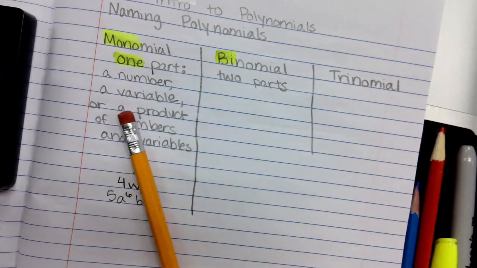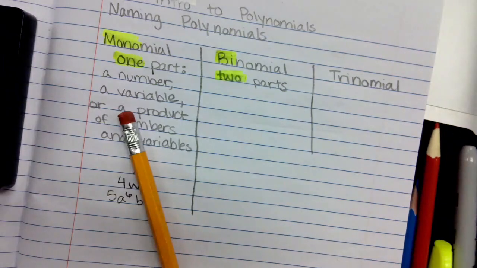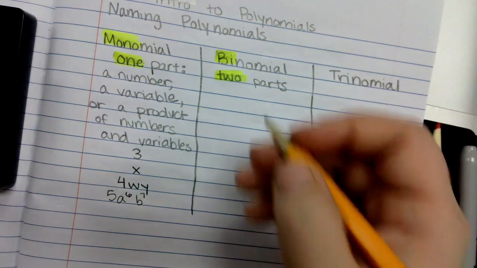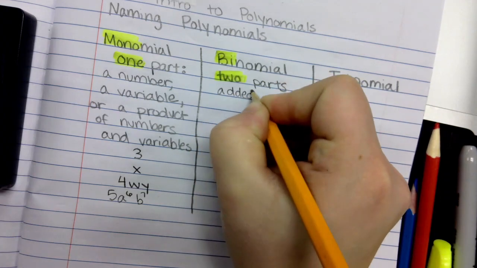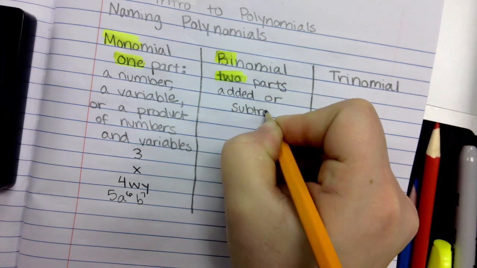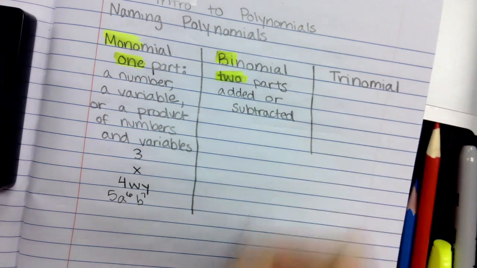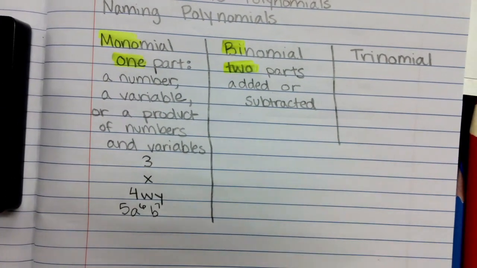All right, so 2 parts, that's when we are going to be 2 parts added or subtracted. So binomial, we have 2 parts that we are either adding or subtracting.